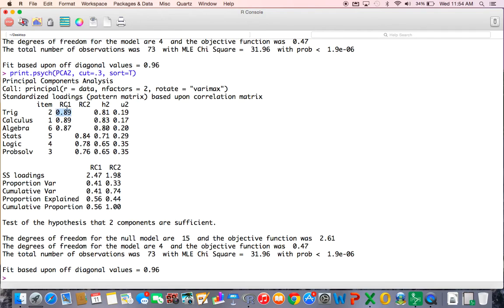But these are all positive, so this tells me that a higher score on this first factor indicates a higher score on trig, calculus, and algebra, and the same thing for factor number 2. Okay?